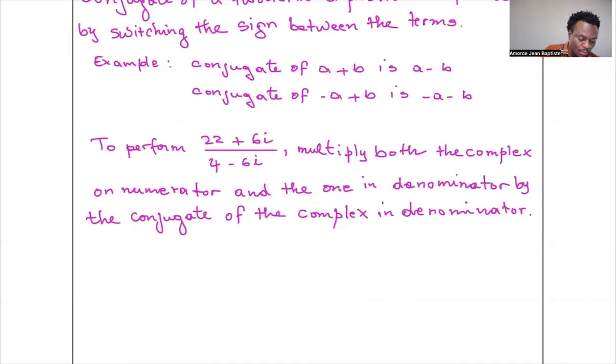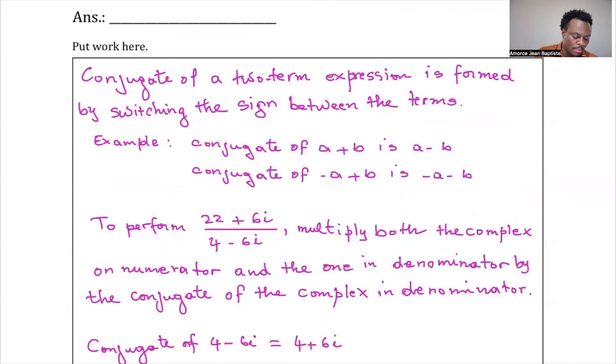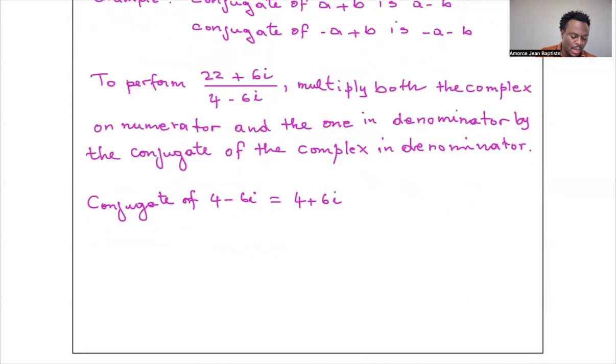So the conjugate of 4 minus 6i is 4 plus 6i. Now we multiply numerator and denominator by the conjugate of 4 minus 6i.